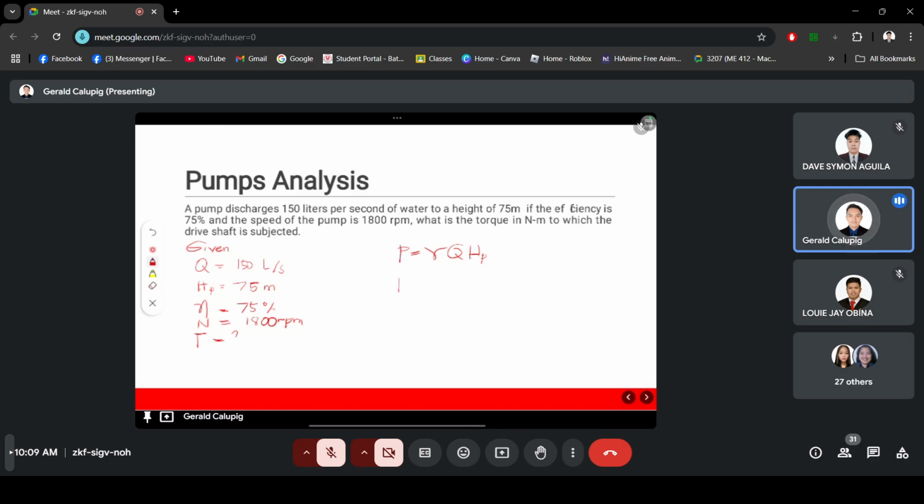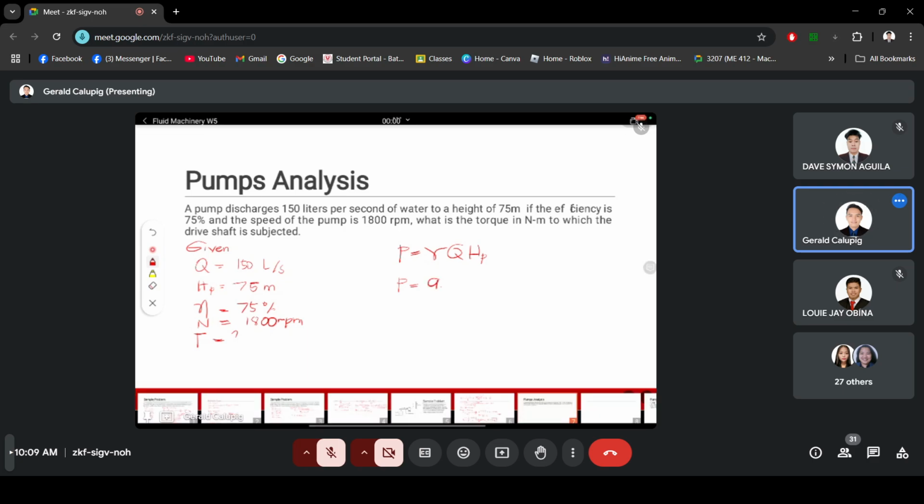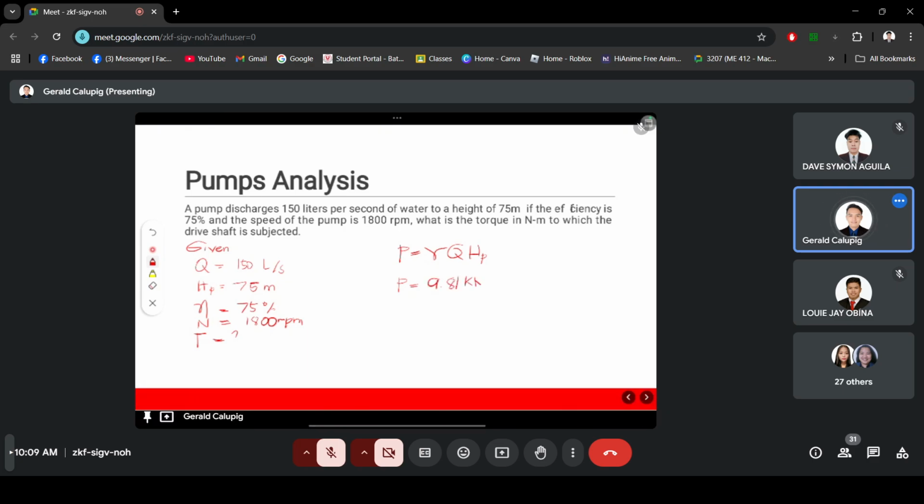So P is equal to 9.81 kilonewton per meter cube times Q, or the volume flow rate of 150 liter per second, and converting that to cubic meter, we can have 1 cubic meter per 1000 liter. And our H is 75 meters. Okay? P will be equal to what?